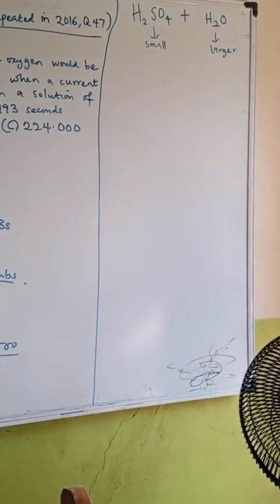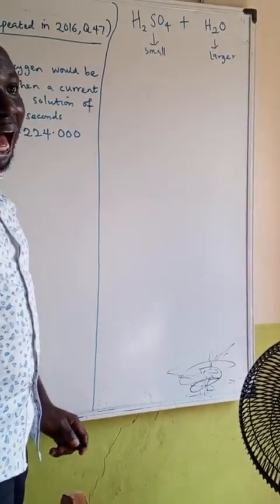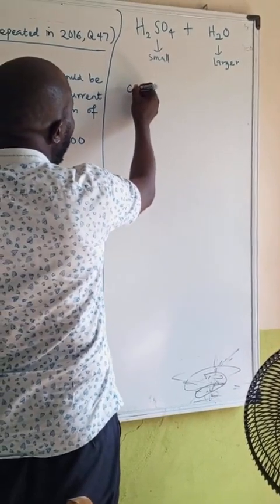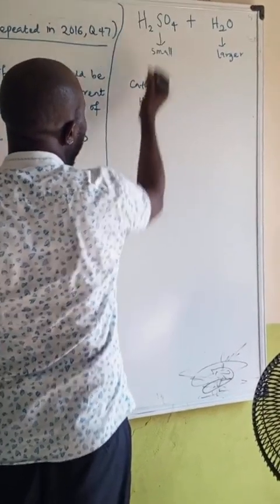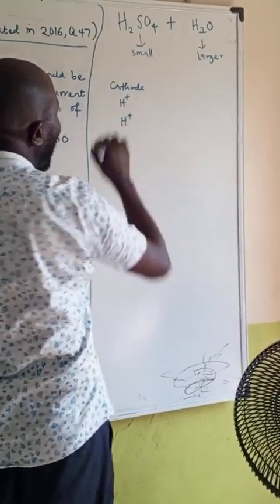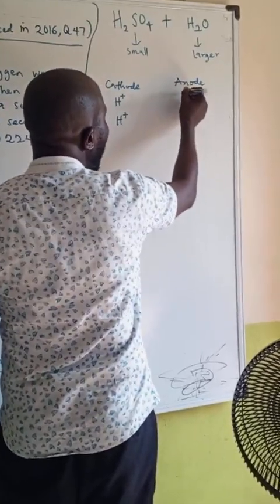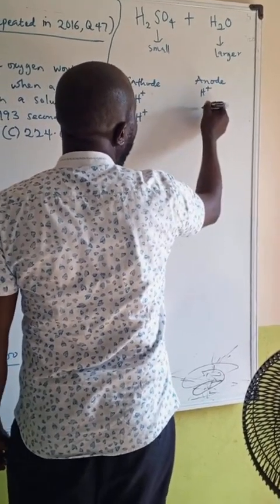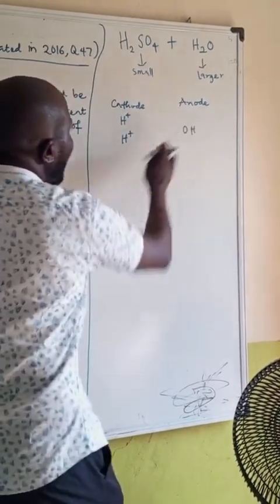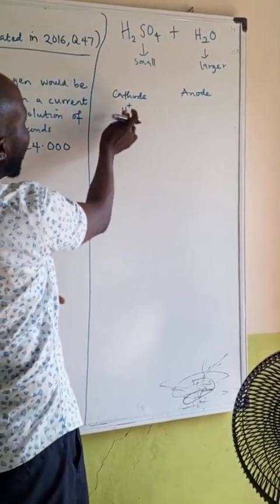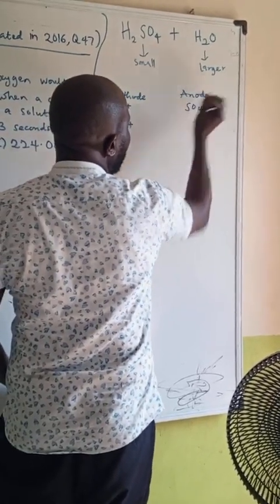Now in this case, the ions that will struggle for preferential discharge are, at the cathode, hydrogen ion from H2SO4 and hydrogen ion from water. Then at the anode, we have hydroxide ion from water and SO4 2 minus.